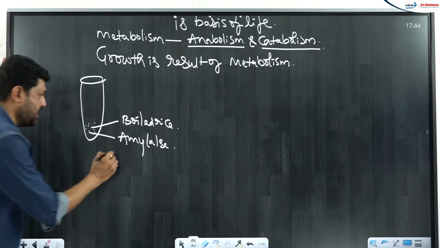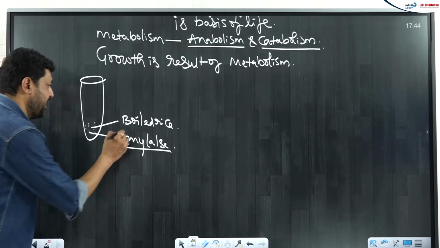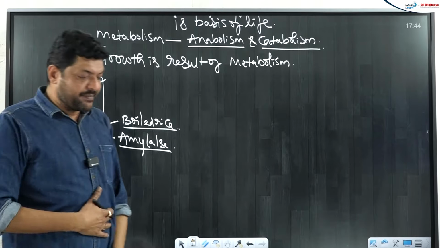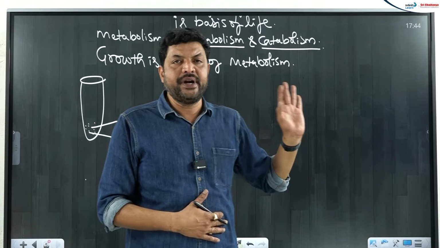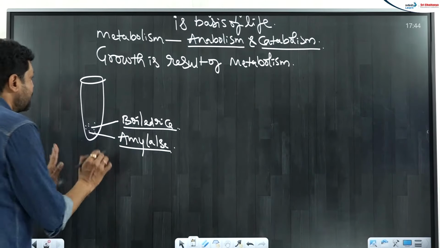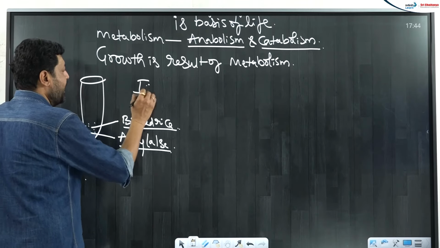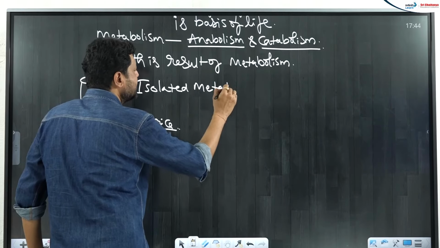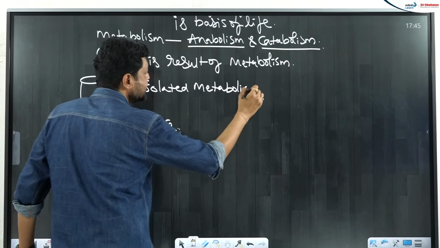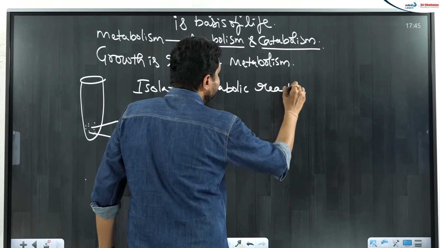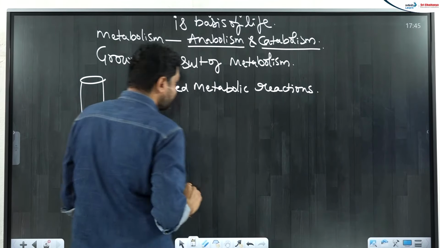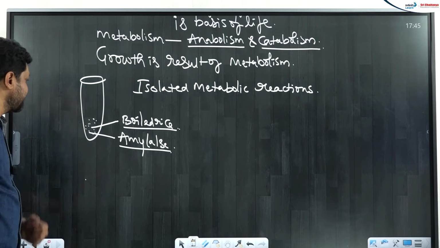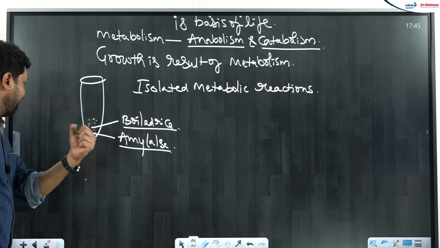So whatever happens in our stomach, the same thing will happen in the test tube also. So I call it isolated metabolic reactions. One reaction is taking place in the test tube by the enzyme.